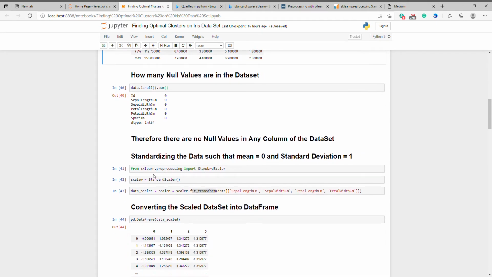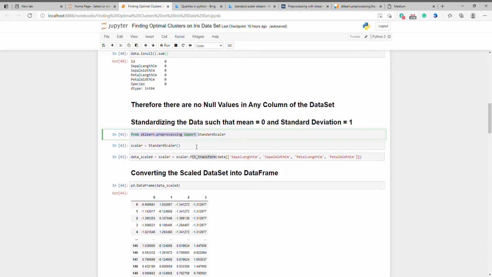So for standardizing the data, from the sklearn library I have imported the StandardScaler module. StandardScaler is the class, and scaler is the instance or object of the StandardScaler class that I have created.